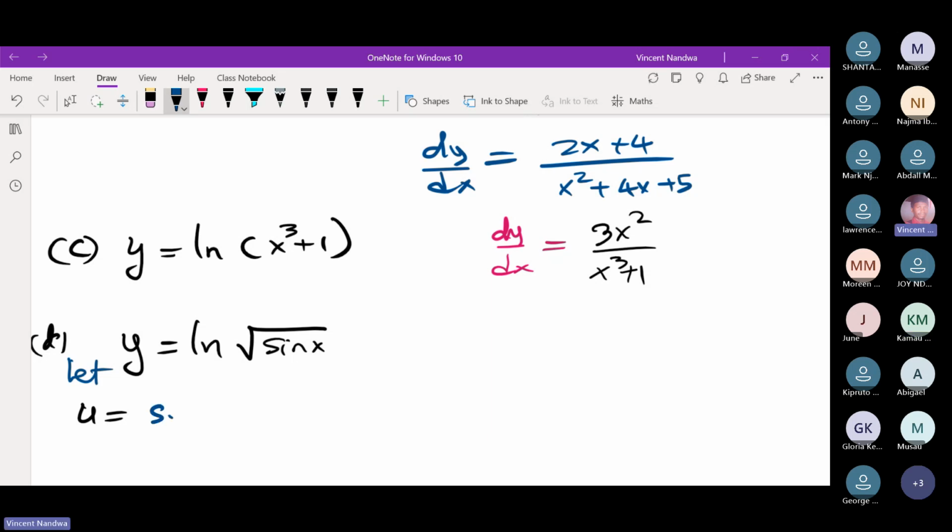So we get the same as sine of x power a half. So therefore, y would be ln of u.